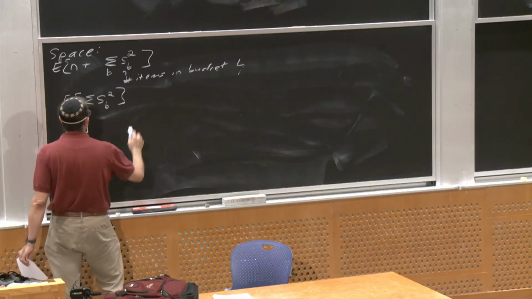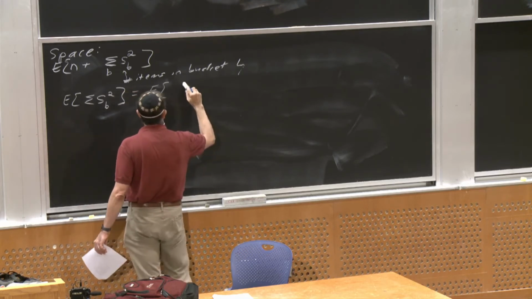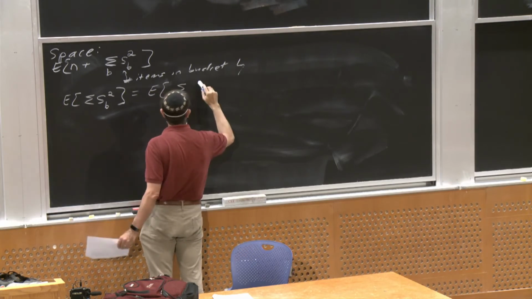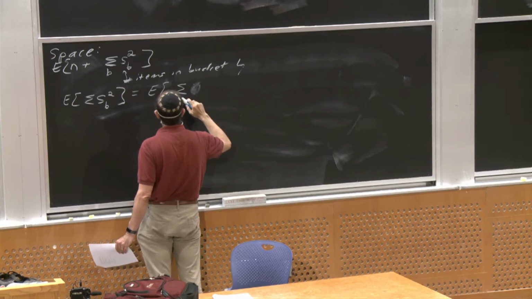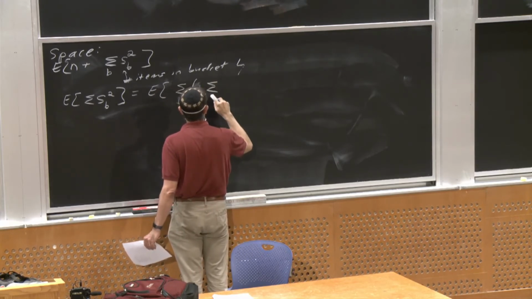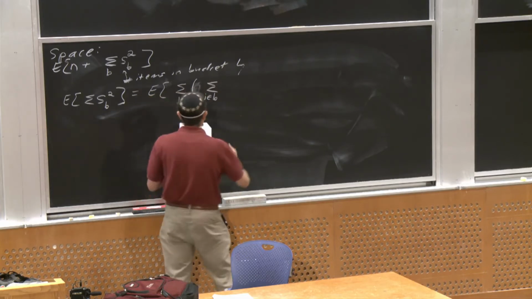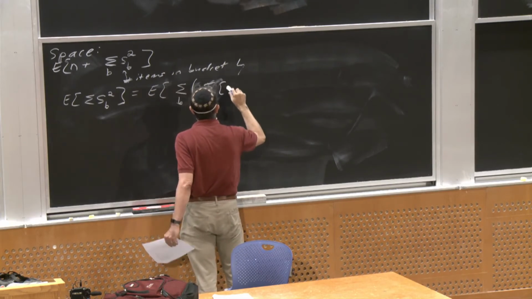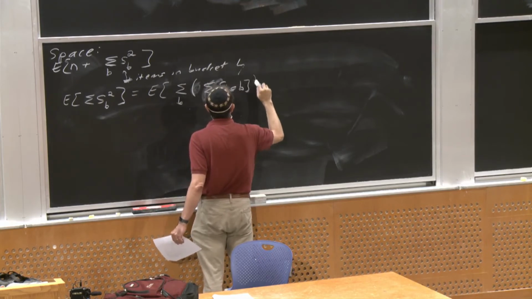Well, I'm going to write that in a funny way. I'm going to denote the size of the bucket as the sum over I of the indicator that I is in that bucket.